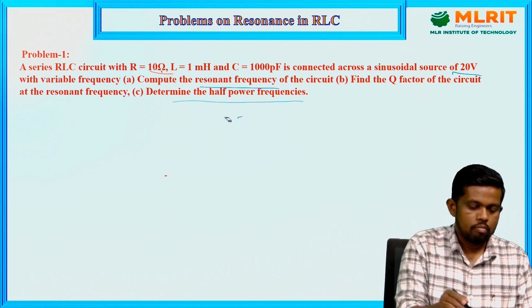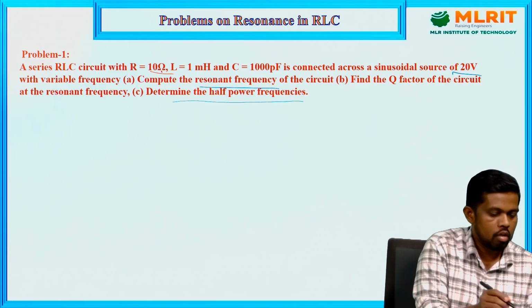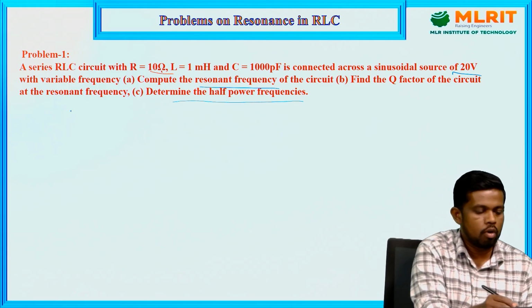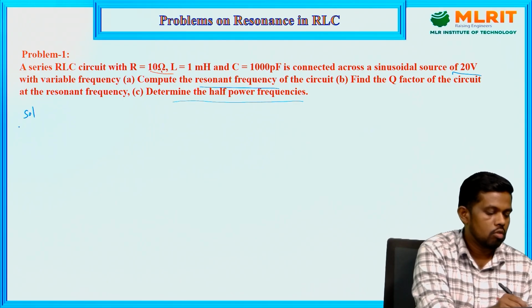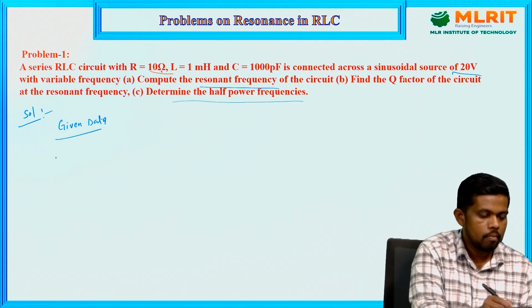So we need to go through the given data, then substitute the values in the required formula to get the required parameters. For the solution, let's quickly take the given data. The resistance of the network is given as 10 ohms.